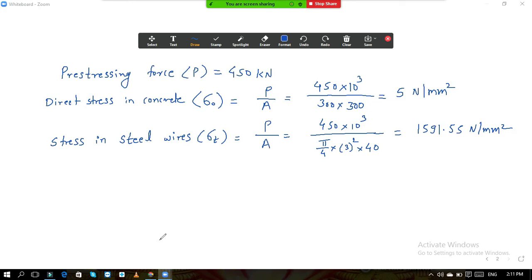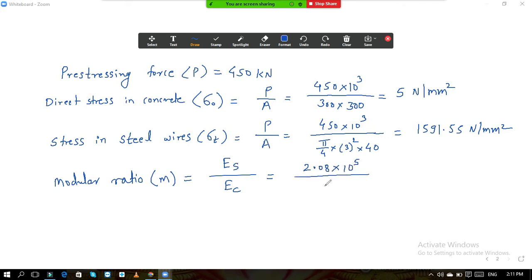That's it. Okay. So next we will calculate the modular ratio. The modular ratio m is equal to ES upon EC, which is equal to ES given as 2.08 into 10 raised to 5 divided by EC given as 3.2 into 10 raised to 4.